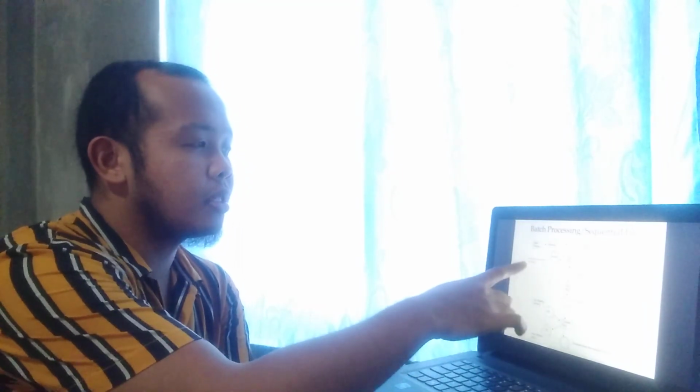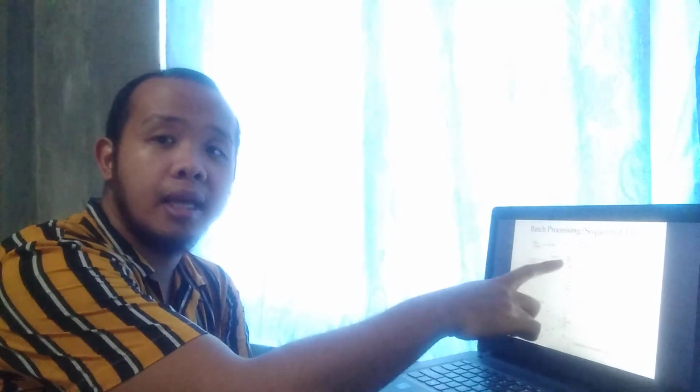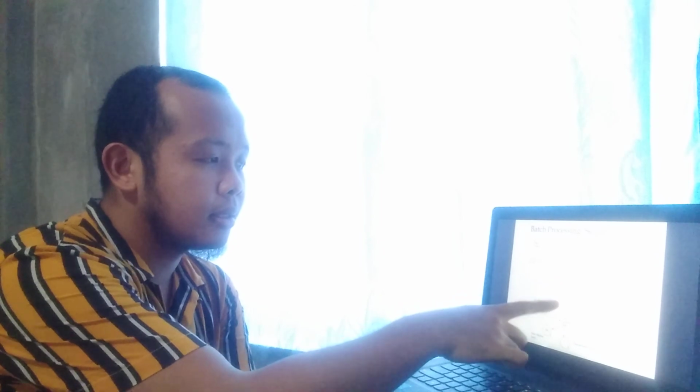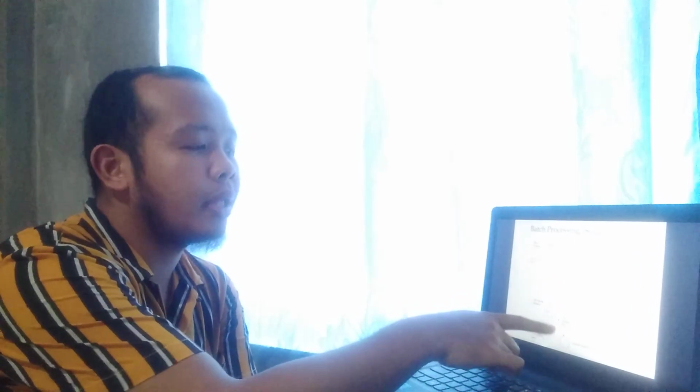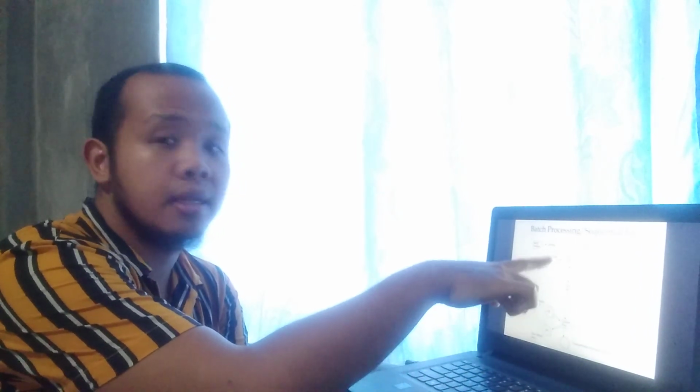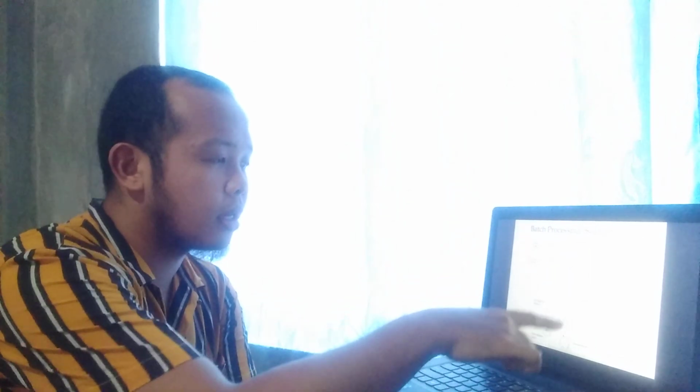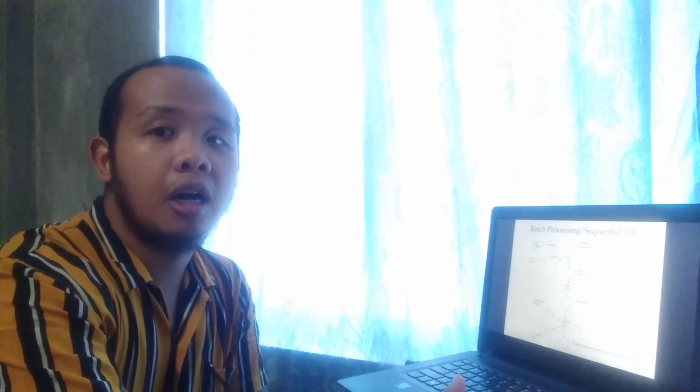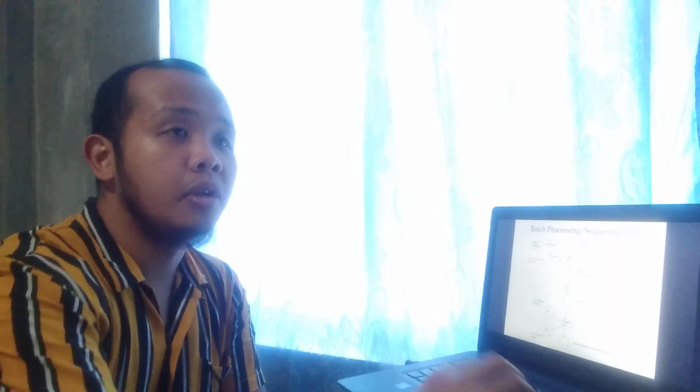Batch processing sequential file. So, sales order, key, analytic transaction, edit run, edited, sort run, transaction, update run. Okay, so these runs, edit run, sort run, update run, are being used in the batch file.